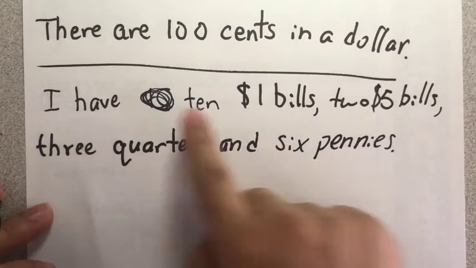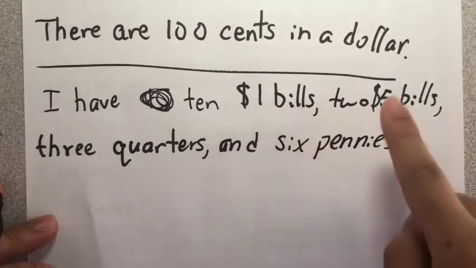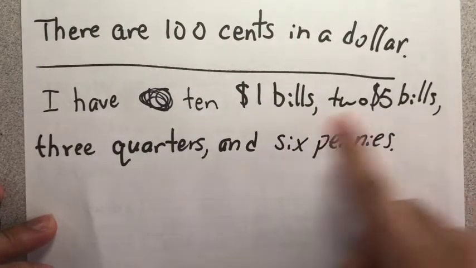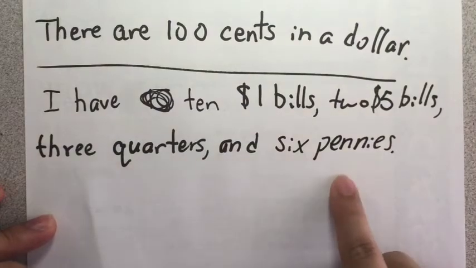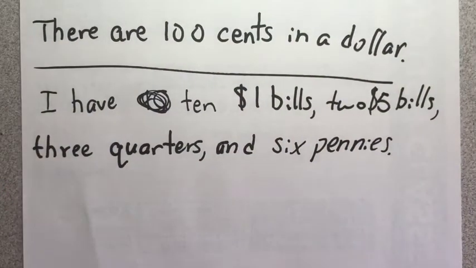So I have 10 $1 bills, 2 $5 bills, 3 quarters, and 6 pennies. How much money do I have?